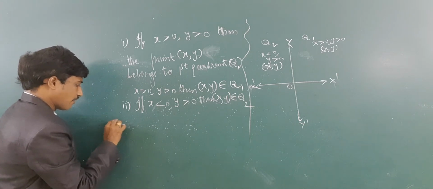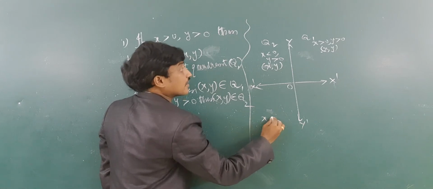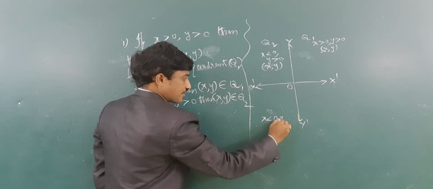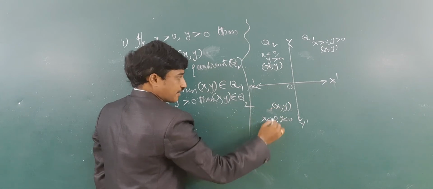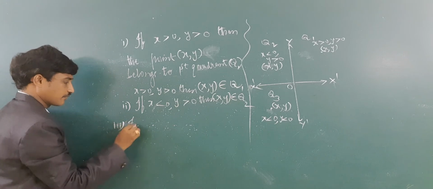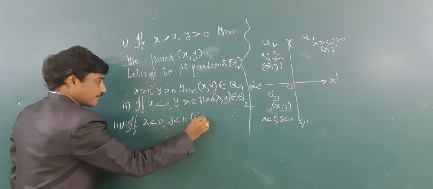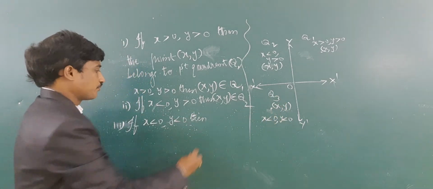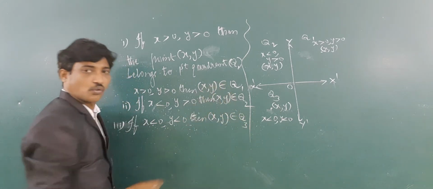If x is negative, x less than 0, and y is also negative, y less than 0, then the point (x, y) belongs to the third quadrant, Q3.